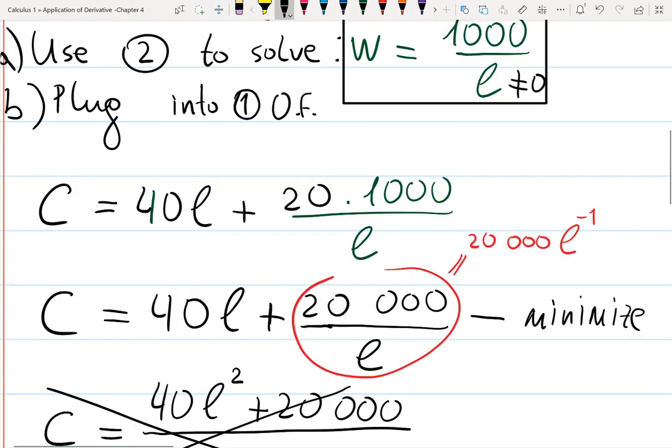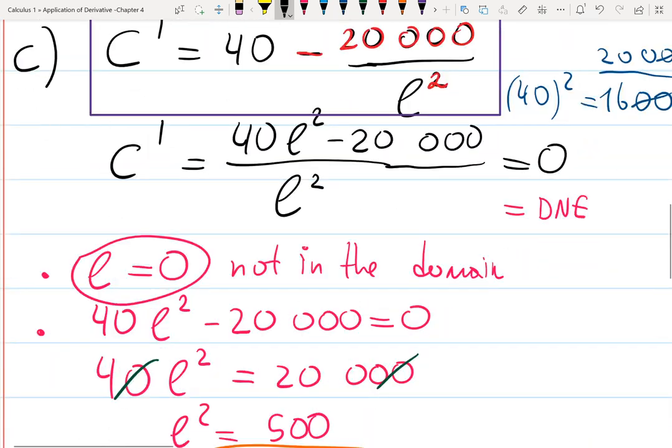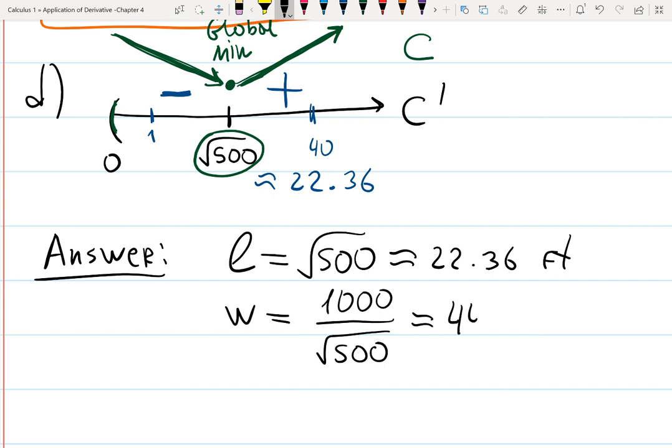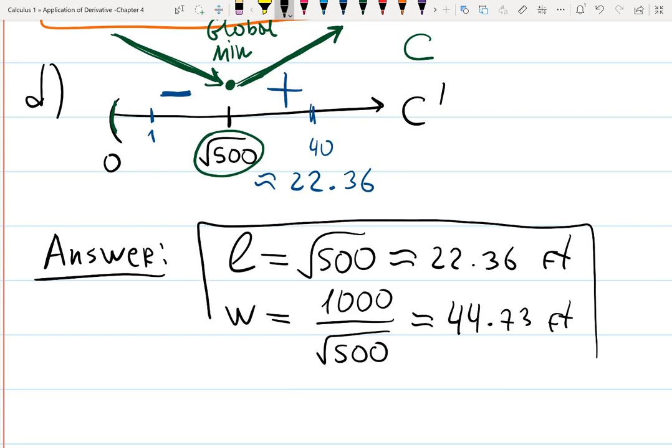Width is 1000 over L, equals 1000 over square root of 500. You can leave it as an exact number like this, or approximately 44.73 feet. That's the answer to the question.